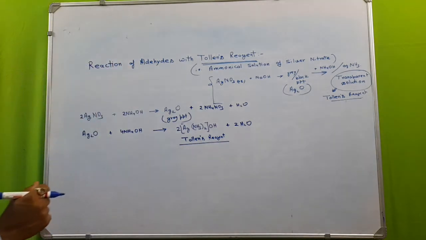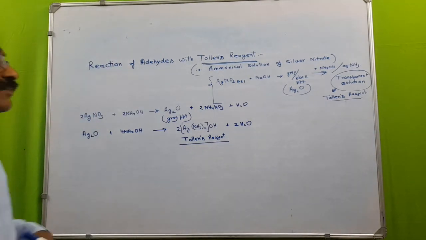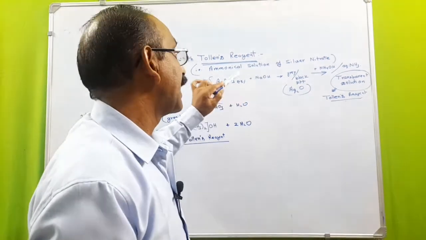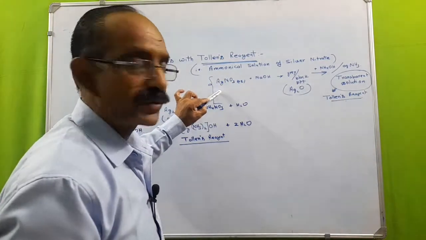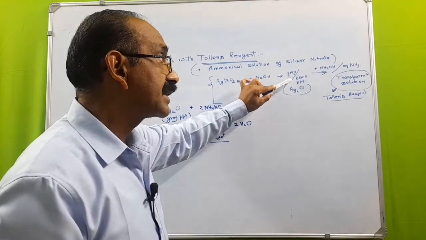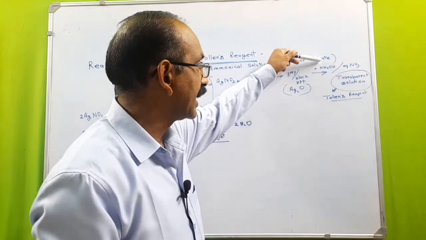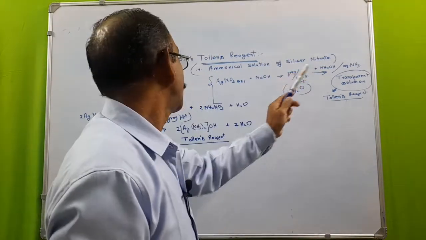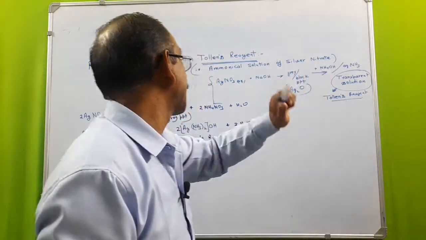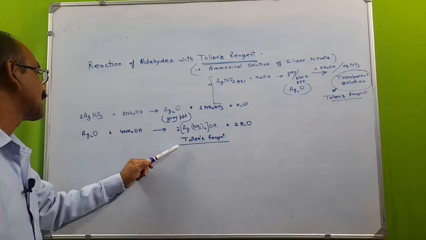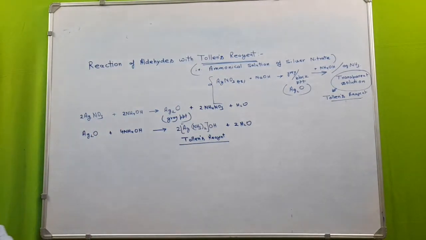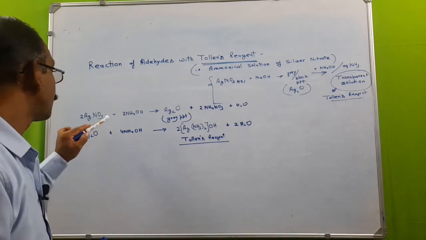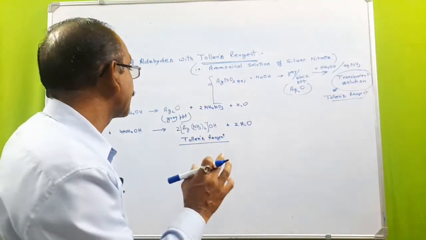See here, on adding the alkali in AgNO3, we get the precipitate which gets dissolved on addition of the NH4OH. So, by the addition of this NH4OH, this complex is formed, and as a result, the precipitate gets dissolved.